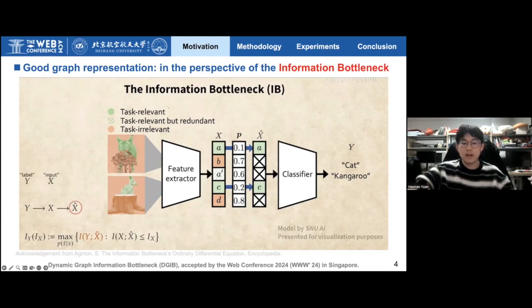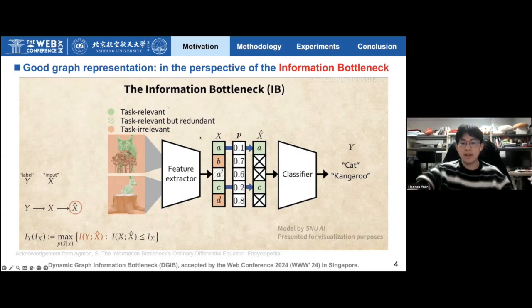Here we illustrate an example in a task of image classification, which aims to judge whether the picture is a cat or a kangaroo. The green part is the task-relevant part, and the orange part is the task-irrelevant part.